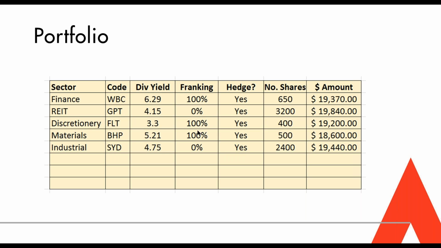We can see that I've got my 60% here of nice high yield fully franked shares, and I've looked at the potential of how I can protect these shares, and I can see that every one of these shares can be protected with an exchange traded option, which has been my preference for how I'm going to hedge or protect the shares in a downturn. We can see that we've calculated our parcels here, all slightly under the 20,000 mark, and that's made up the bulk of my portfolio.